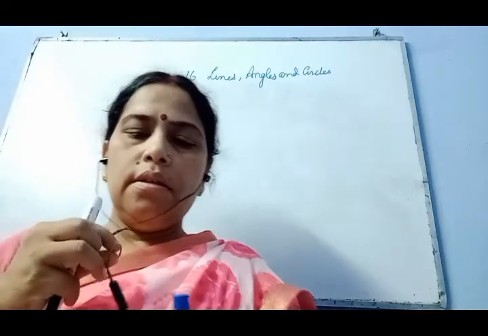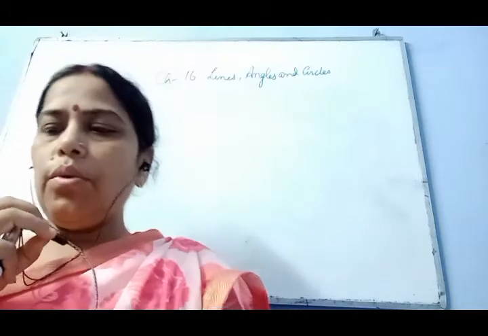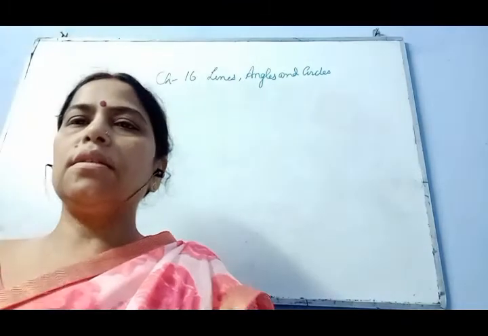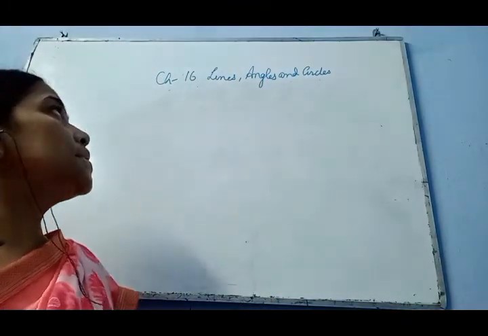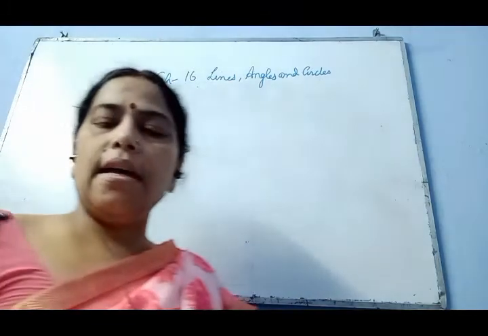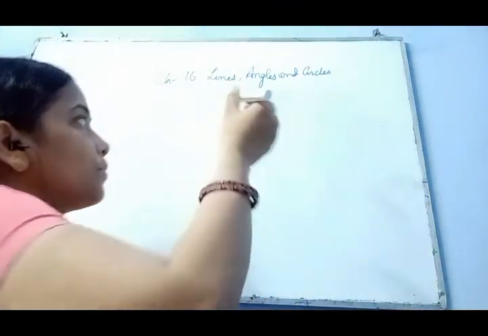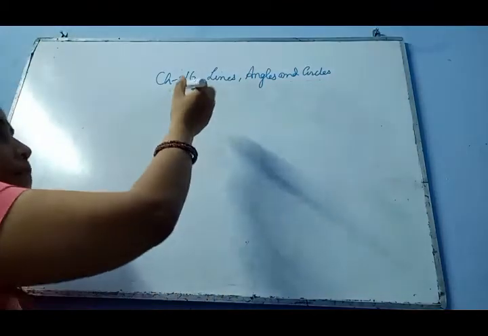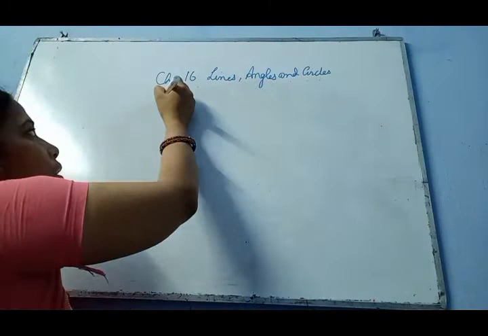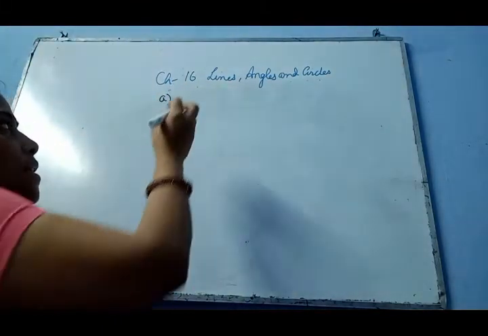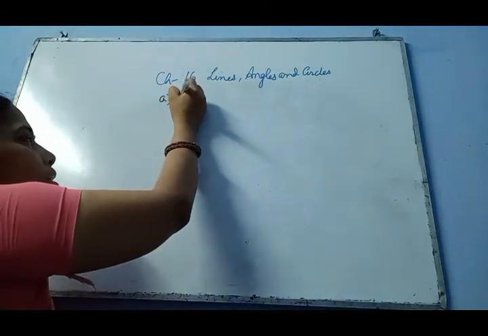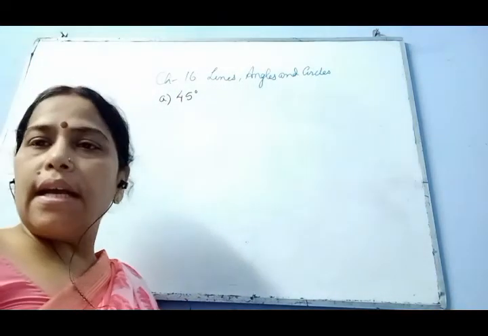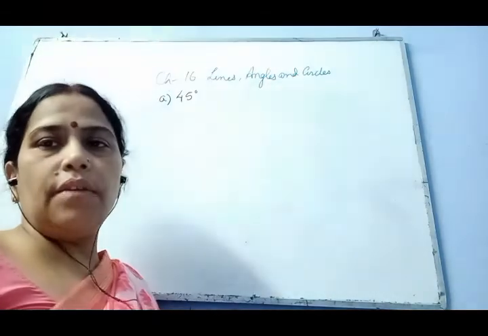So children, in this video I am going to tell you how to find the complementary angles of angles. We are doing chapter 16, lines, angles and circles, and I am going to explain complementary angles and supplementary angles. First, suppose the angle given is 45 degrees and we have to find the complementary angle of 45 degrees.